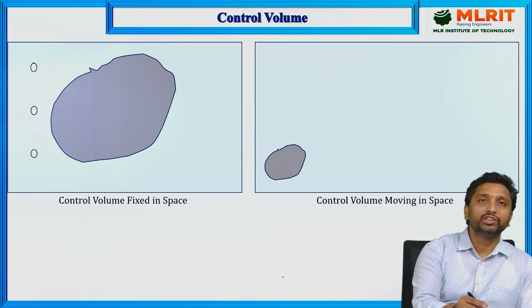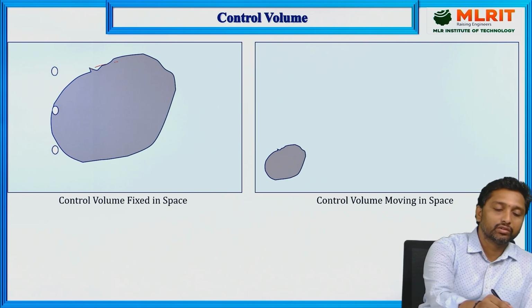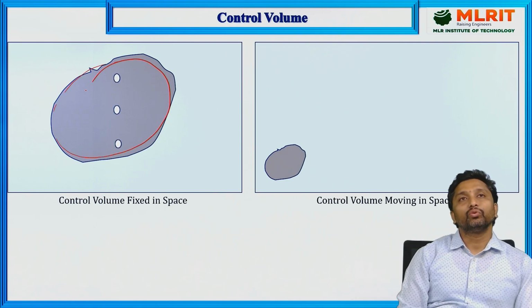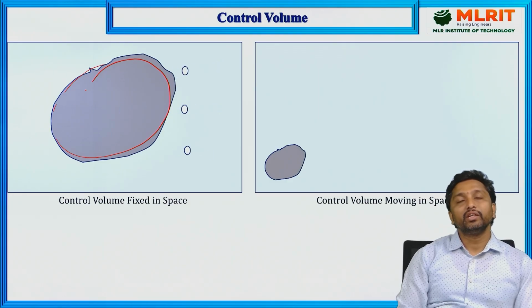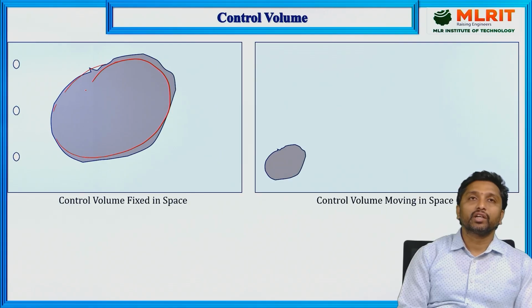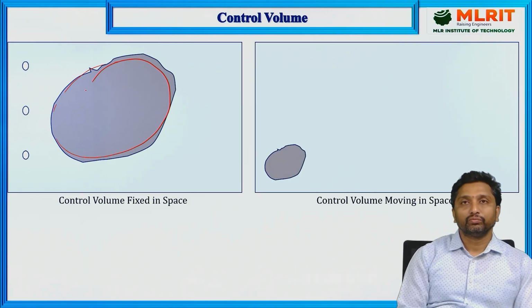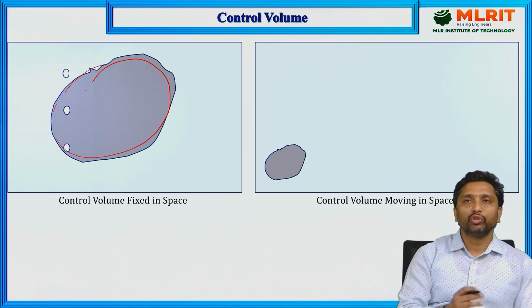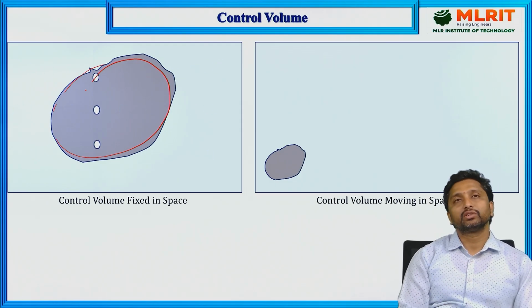All the focusing will be done only in this fixed region, and the region will be evaluated for various properties, that is, what are the changes in velocity, what are the changes in pressure. These kinds of characteristics will be measured in the control volume. So basically control volume is nothing but a large volume or space where the physics is carried out.